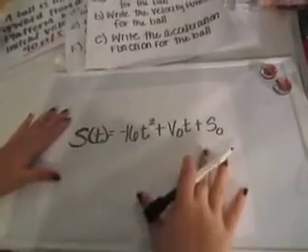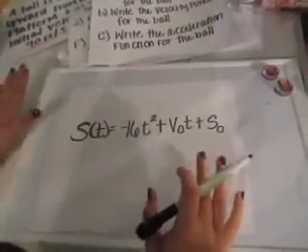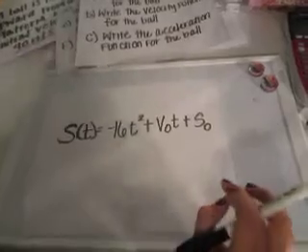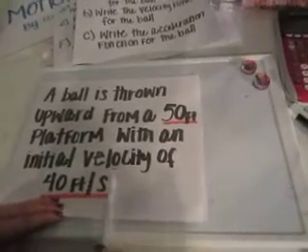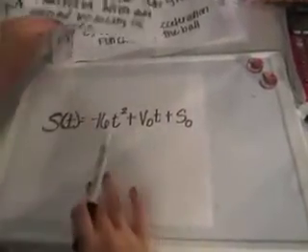Okay, so for step A, we are given this function, right? This function is given to all of these type of problems. So basically, we plug in what is given to us, which is 50 feet and the 40 feet for the initial velocity.